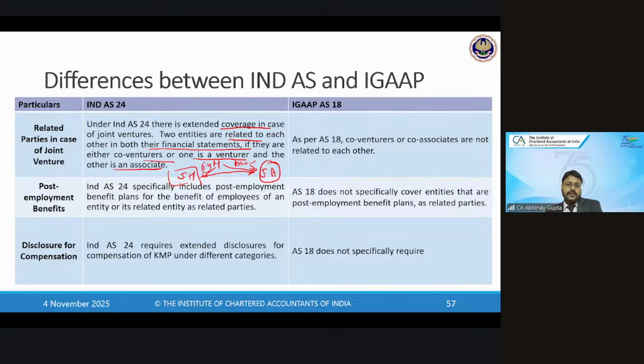Yes, sir, they're related. For the JA, JH is related, yes or no? No. So for associate, it is not related, right? But for joint venture, it is related. Clear?